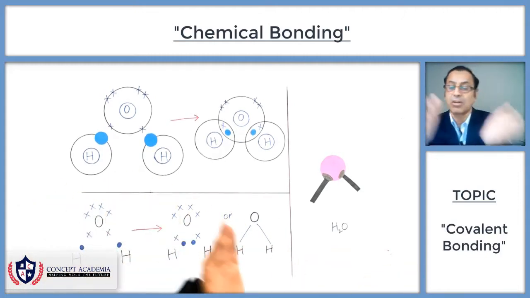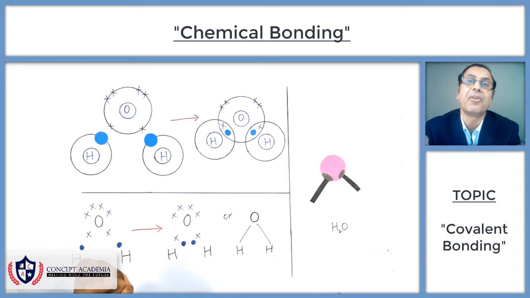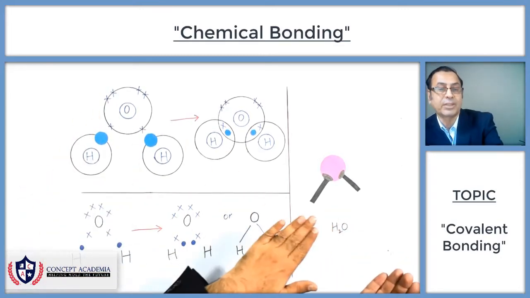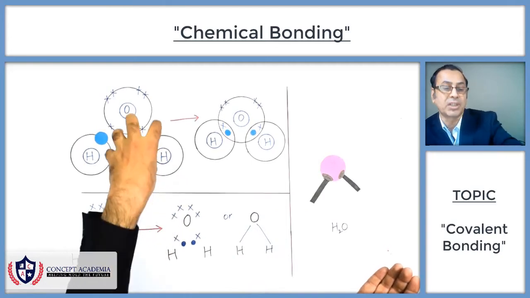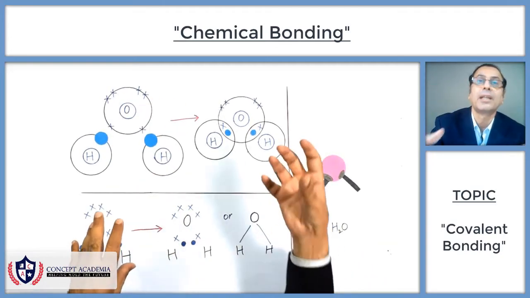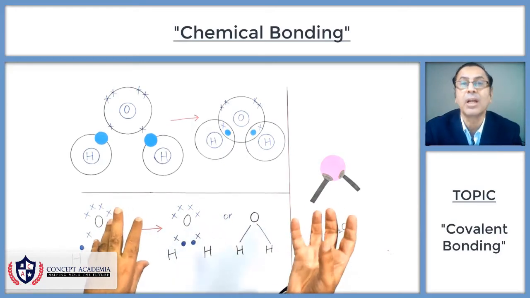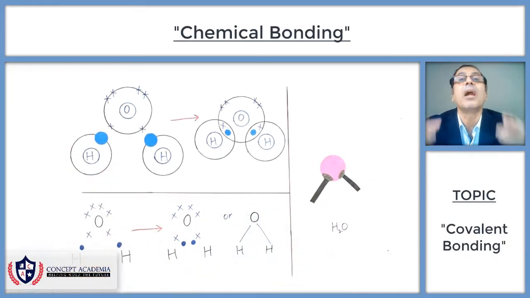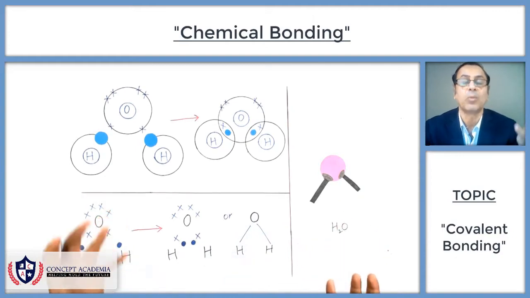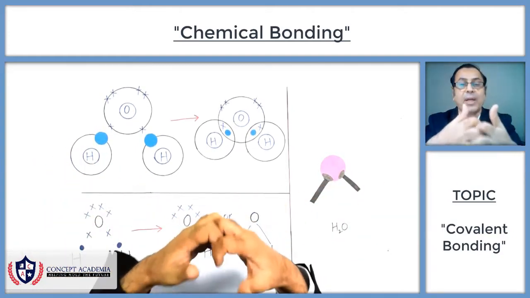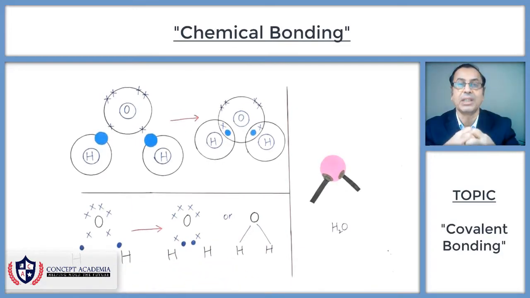Because of the loss or gain of electrons, the bonding formed is called ionic bonding. The atom which gives away an electron gets a positive charge, becoming a positive ion, and the atom which receives an electron gets a negative charge, becoming a negative ion. So in ionic bonding, ions are formed, one negative and one positive, and positive and negative ions attract each other. That is the basis of ionic bonding.